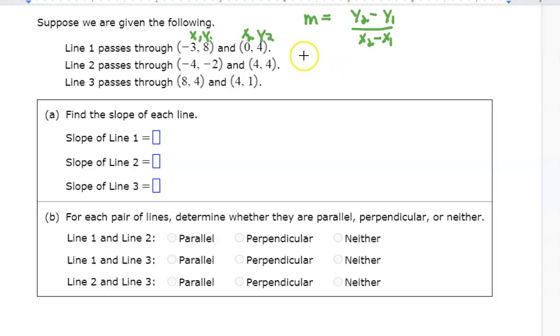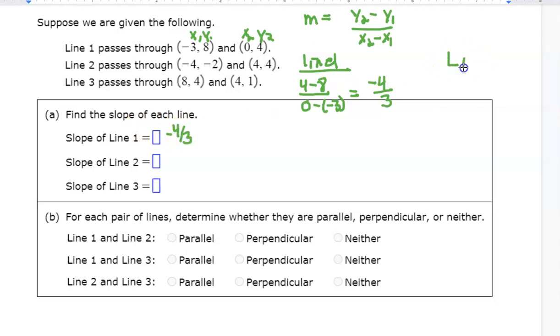Okay, so for line 1, we have 4 minus 8 over 0 minus -3. So that gives us 4 minus 8 is -4. 0 minus -3 is +3. So slope of line 1 is -4/3.